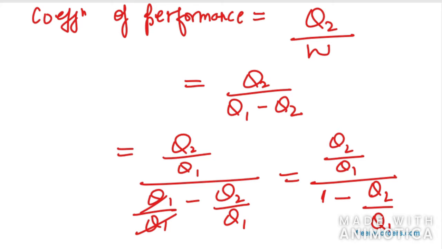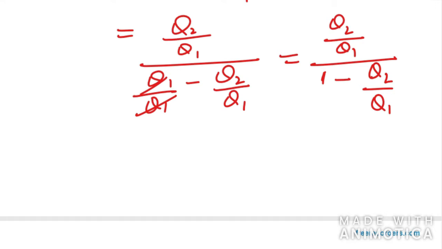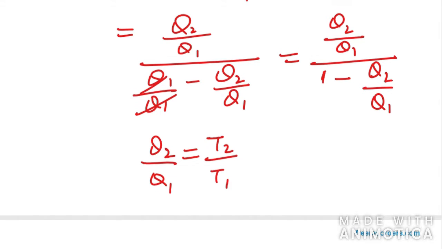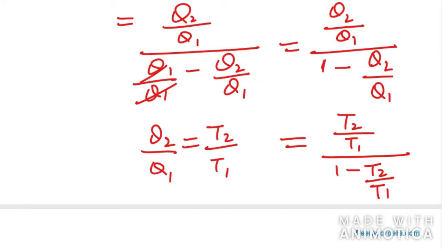So this is the equation, but if you want to write it in terms of temperature, then from the Carnot cycle, Q2 over Q1 is equal to T2 over T1. That means I will be replacing all Q2 over Q1 with T2 over T1. So T2 over T1, over 1 minus T2 over T1.